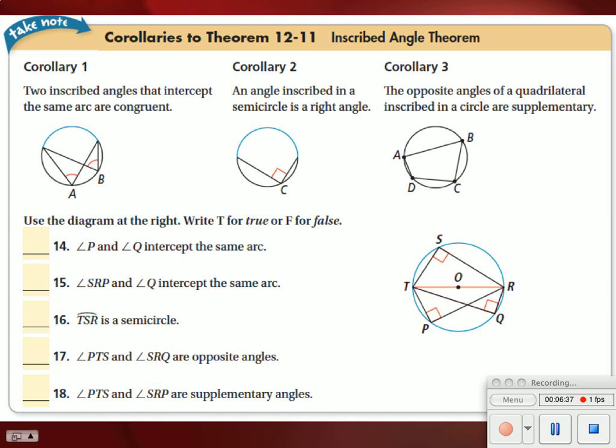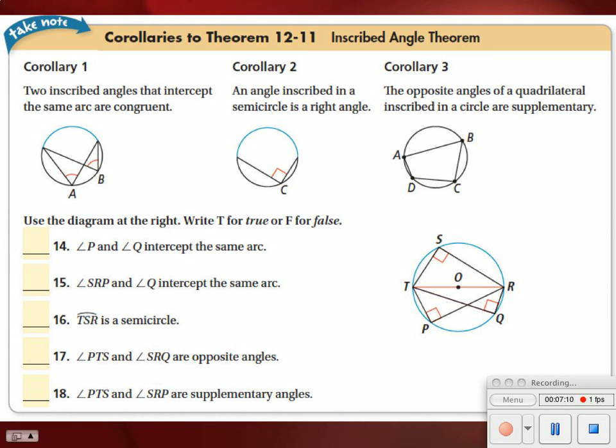Corollary 2: an angle inscribed in a semicircle is a right angle. We've seen that in the previous example. If I were to draw the diameter here, it would be the hypotenuse of the right triangle. And finally, corollary 3: the opposite angles of a quadrilateral inscribed in a circle are supplementary. So angle A is supplementary to angle C, and angle D is supplementary to angle B.